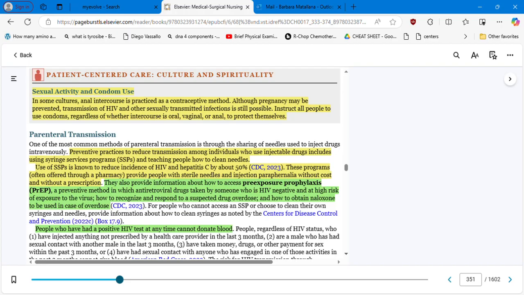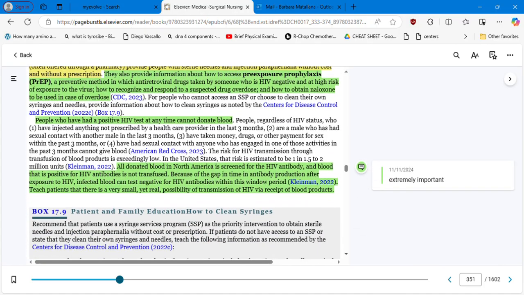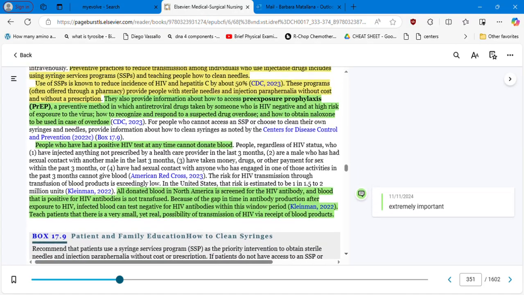They also explain how to recognize and respond to a suspected drug overdose, and how to obtain naloxone to be used in case of overdose, right? And people who have had a positive HIV test at any time cannot donate blood. That's important. That's good to know.